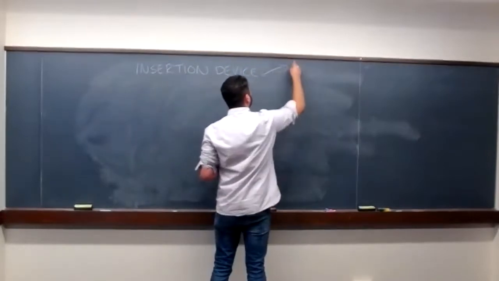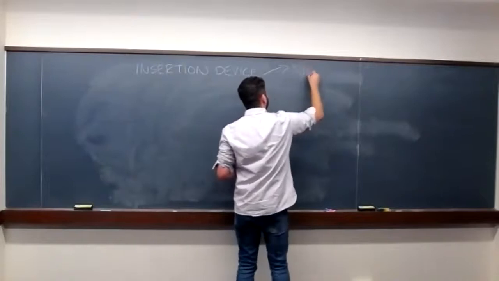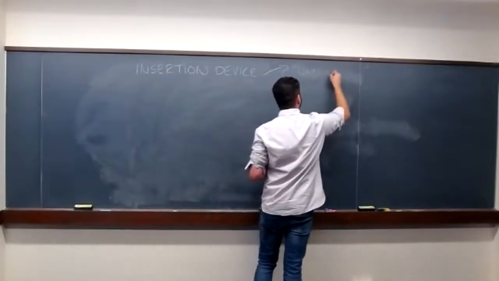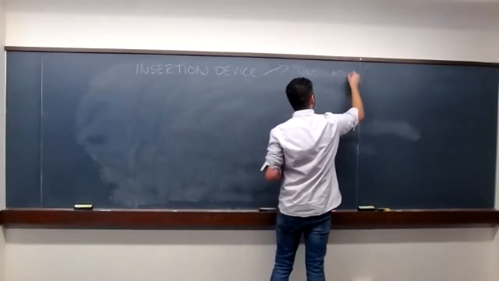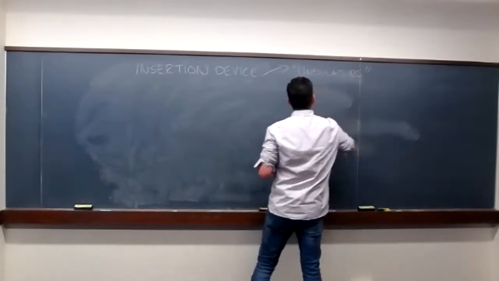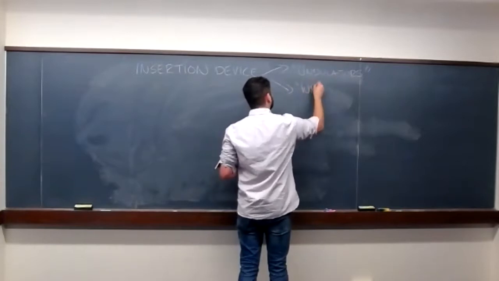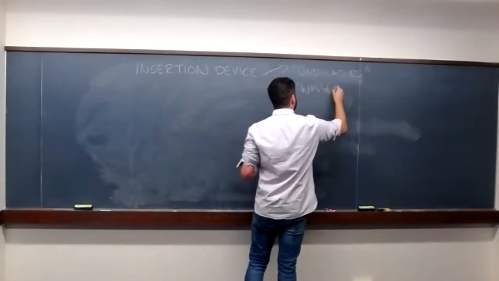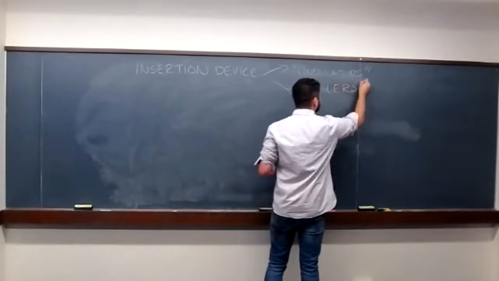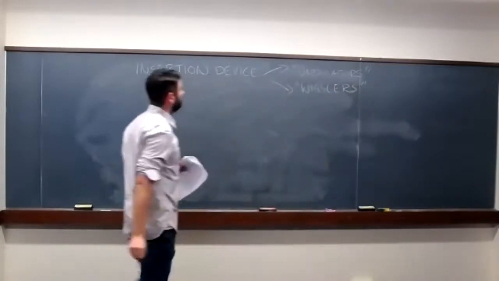These are called either undulators or wigglers, and these names are actually fairly descriptive, as you'll see in a sec.